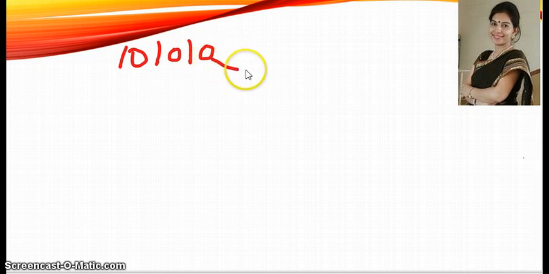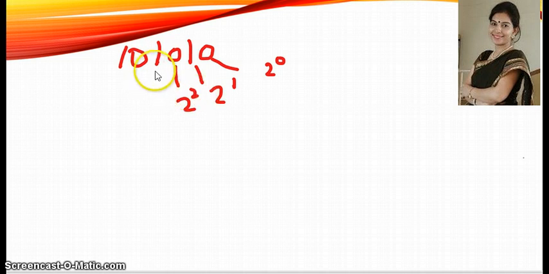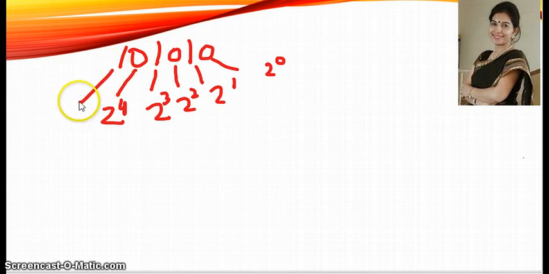So first of all, writing the place value. It will be 2 raised to the power 0, 2 raised to the power 1, 2 raised to the power 2, 2 raised to the power 3, 2 raised to the power 4, and 2 raised to the power 5.